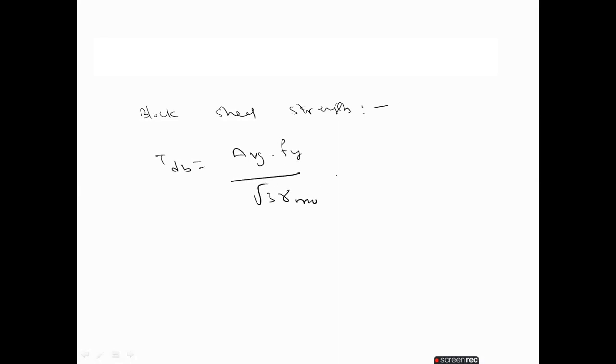So in the block shear strength, first I will write the formula. The first formula is Tdb = Avg·fy/(√3·γm0) + 0.9·Atn·fu/γm1.